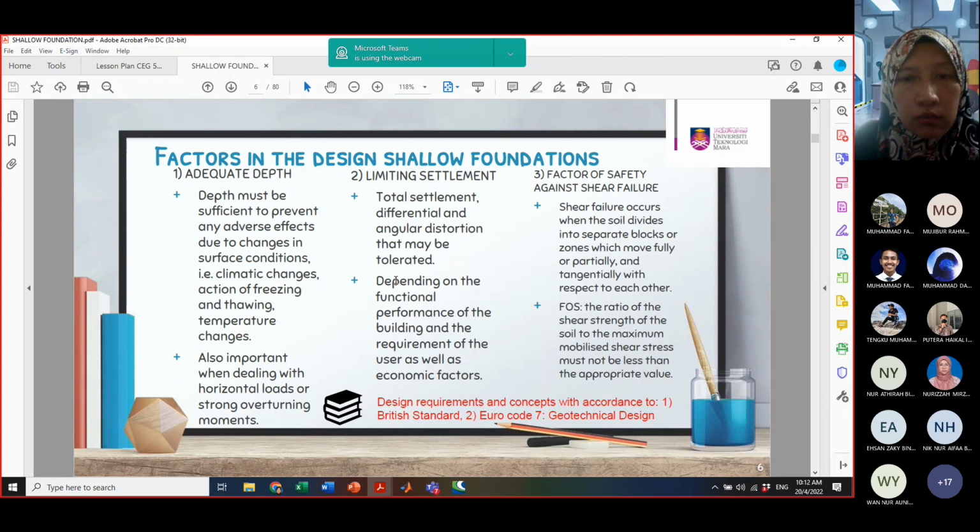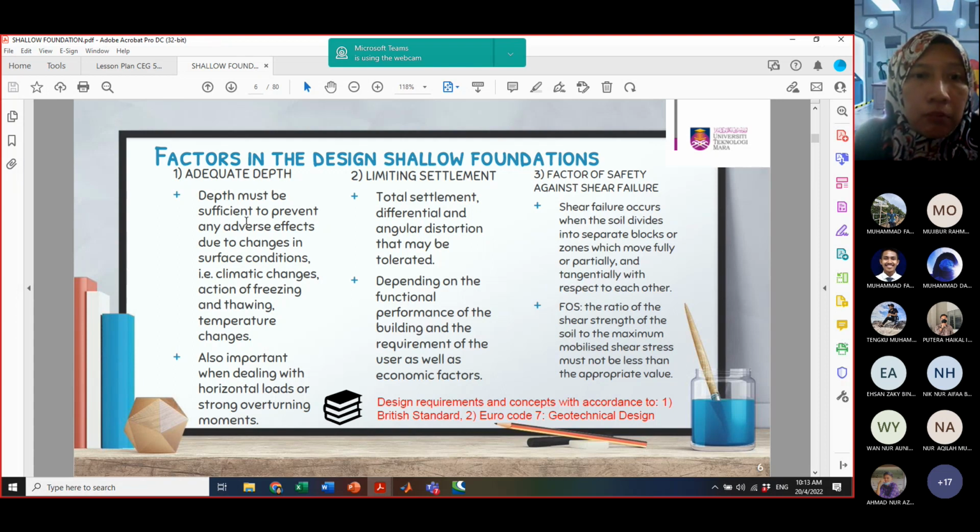So the footing can be designed according to the BS or according to Eurocode 7 for geotechnical design. You have to check what the requirement is from the client, the consultant, or the contractor for this kind of building design and construct.